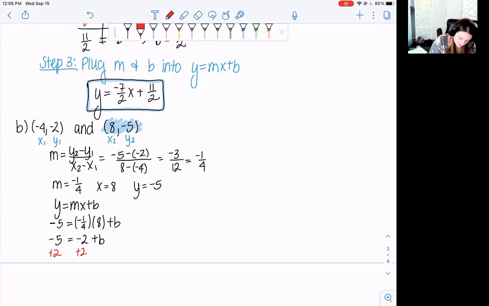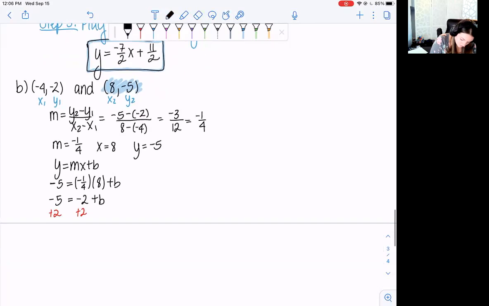Adding 2 to both sides, we get -3 equal to b. So altogether, we have y equals -1/4 x minus 3.